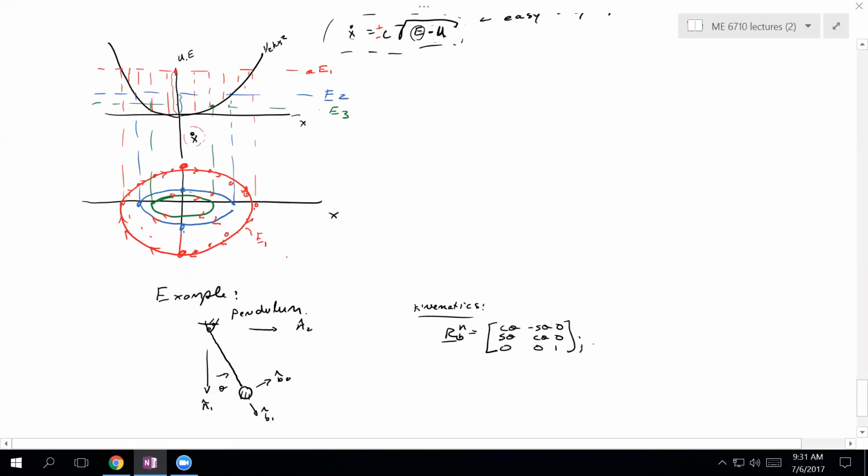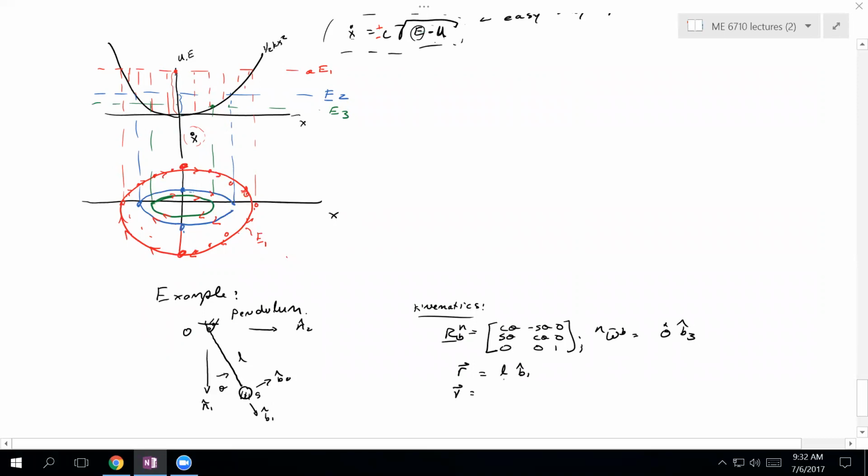I can look at the angular velocity of B with respect to N. Looks like it's theta dot around the B3. My location of my center of mass out here, we'll call that G. I give it some vector R from O to G. That's just going to be the length of the pendulum in the B1 direction.